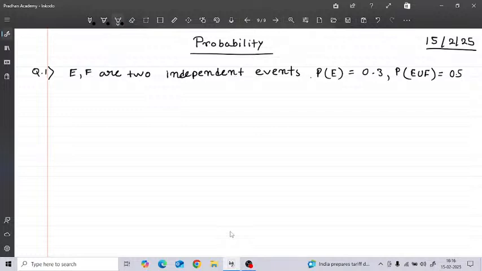Then we have to find the conditional probability of E given F minus the conditional probability of F given E. So we have to find this solution.